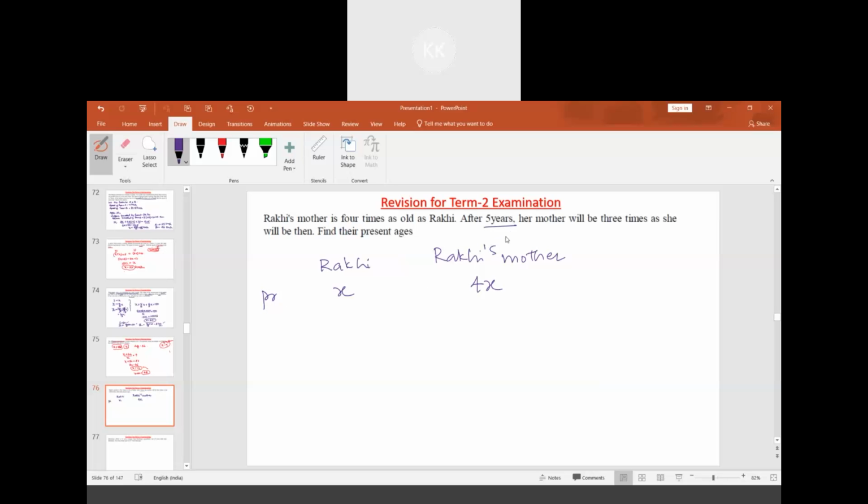After 5 years, her mother will be 3 times as old as she will be then. So what will be the ages after 5 years? x plus 5 and 4x plus 5. According to the condition given here, mother's age 4x plus 5 will be 3 times x plus 5.